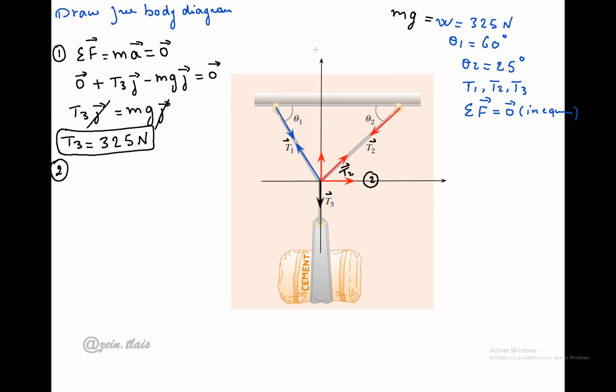And here we have T2x and T2y. The same for T1, in blue. Here we have T1x and T1y.